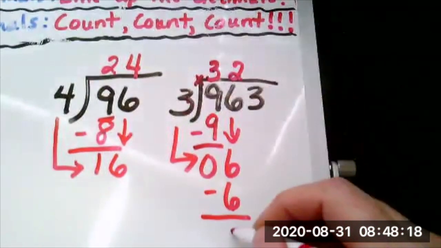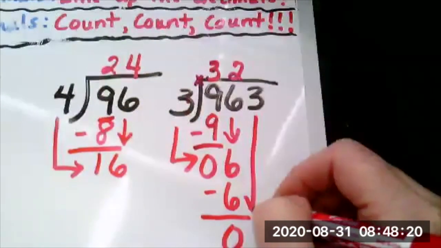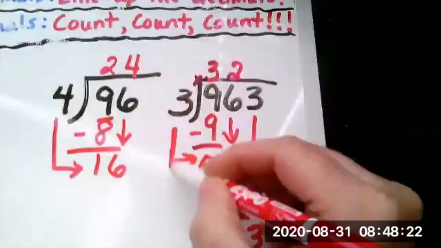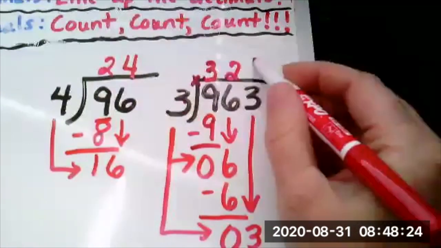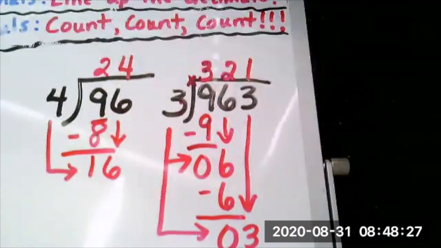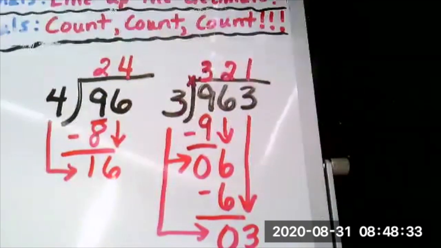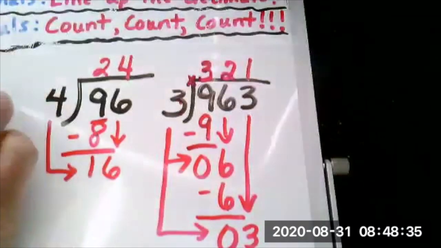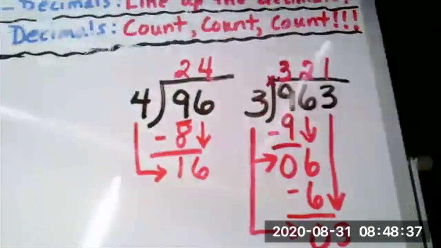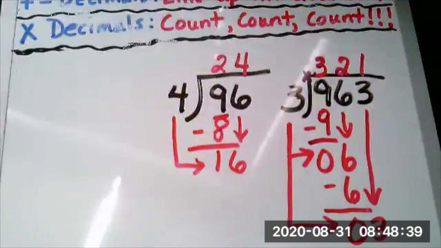You subtract, no remainders there, bring down the next digit, and finally you have 3 goes into 3 1 time total. And there are no remainders on this one. All right, let's go ahead and do a couple more so that we get good and refreshed on division.